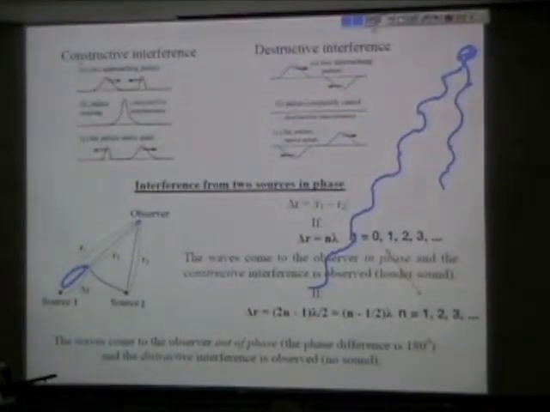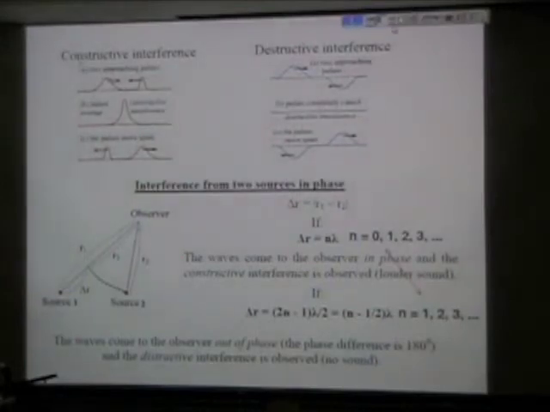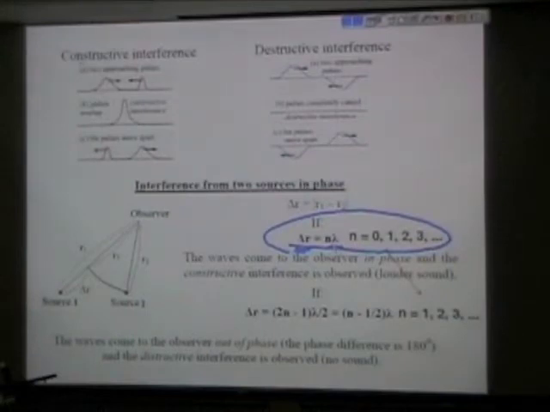That's what we call a condition for maximum. The path length difference should be equal to some natural number of lambda. If it's true, at the location where interference happens, you observe the maximum intensity.